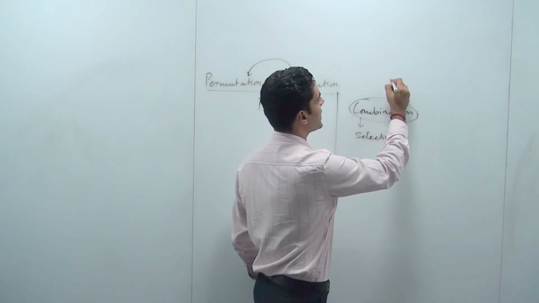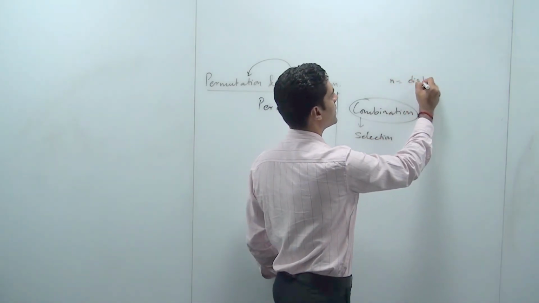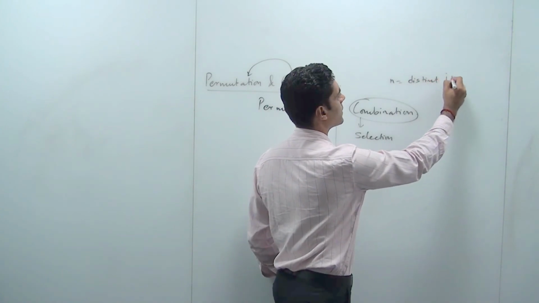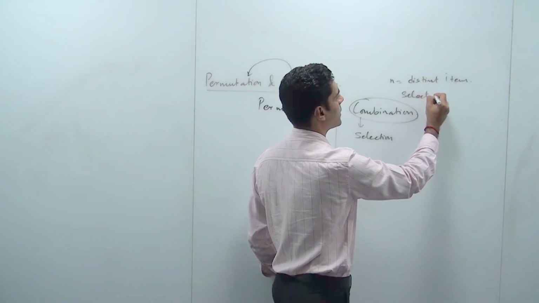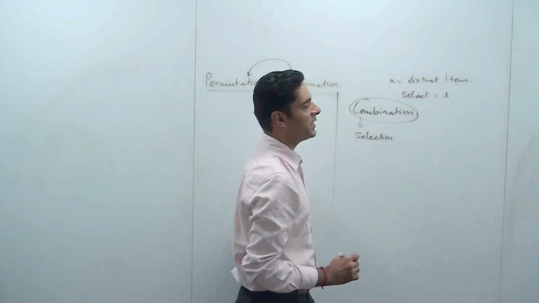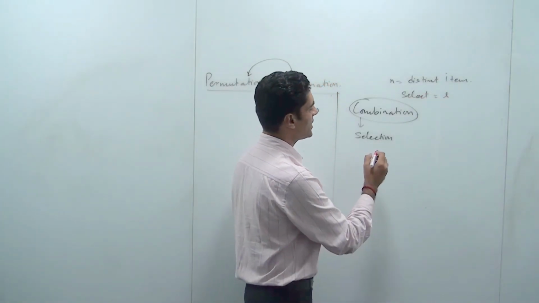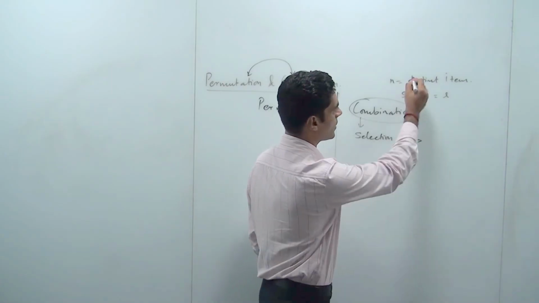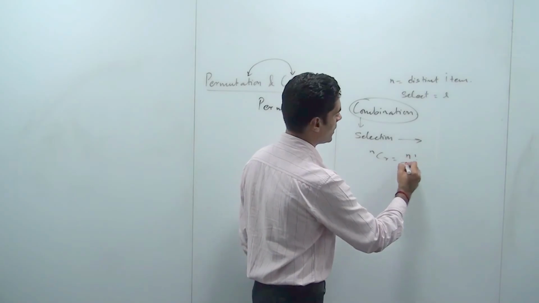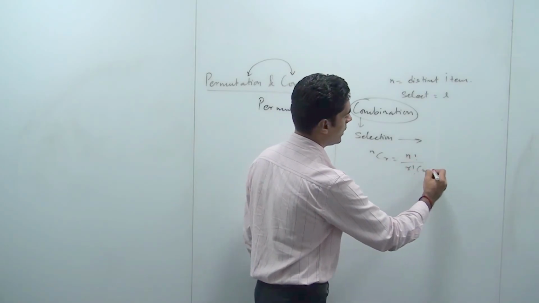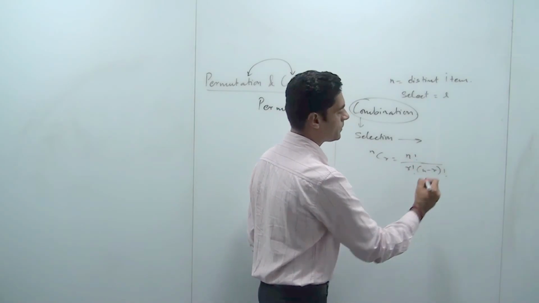So let's say there are n distinct items and you want to select r items out of these n distinct items. When it is a case of selection, you use combination, which is given by nCr, that is n factorial over r factorial into n minus r factorial.